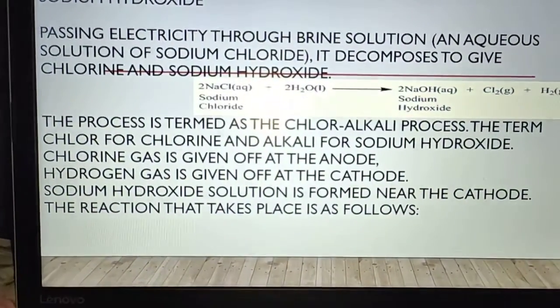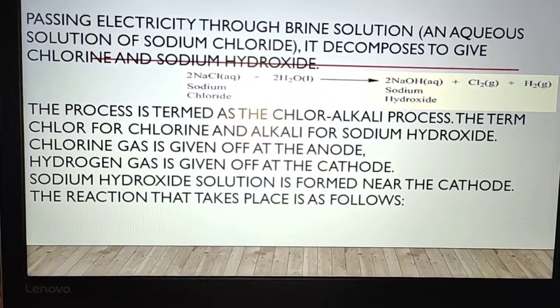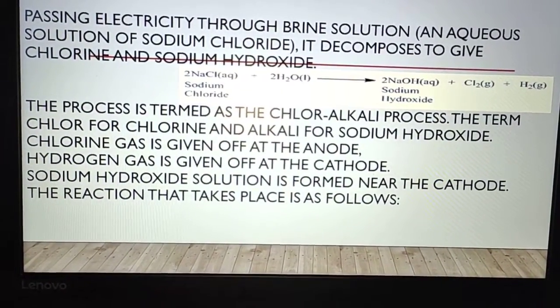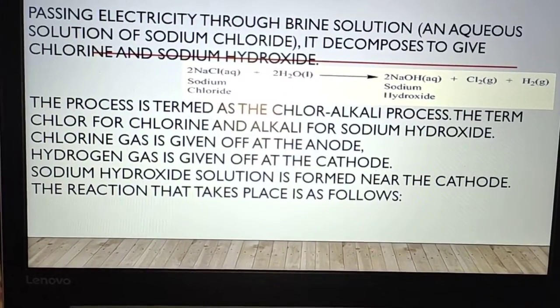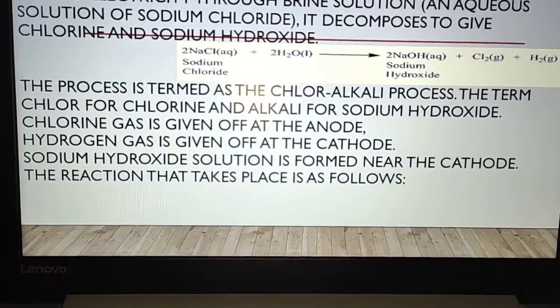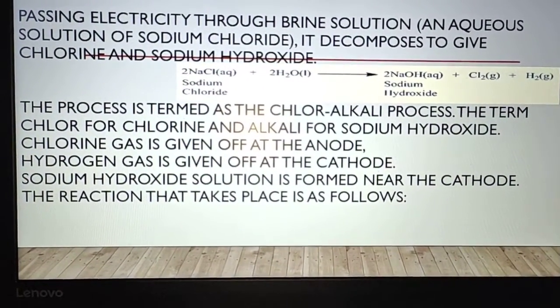The process is termed the chloralkali process: chlor for chlorine, alkali for sodium hydroxide. Chlorine gas is given off at the anode. Hydrogen gas is given off at the cathode. Anode and cathode are the two terminals, the electrodes, when connected to the battery.